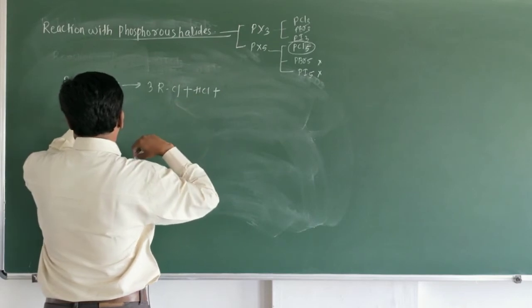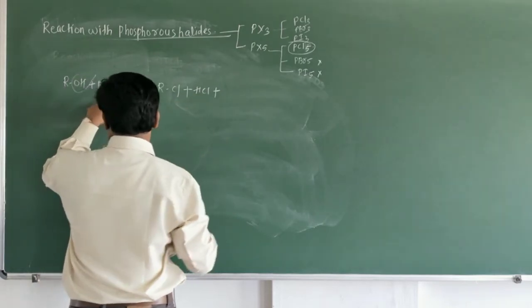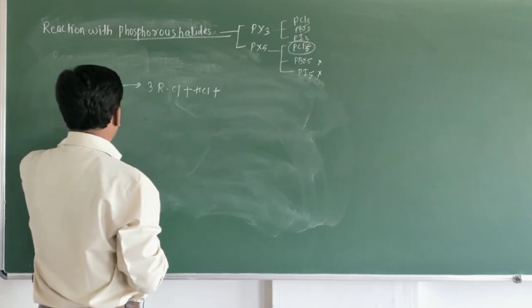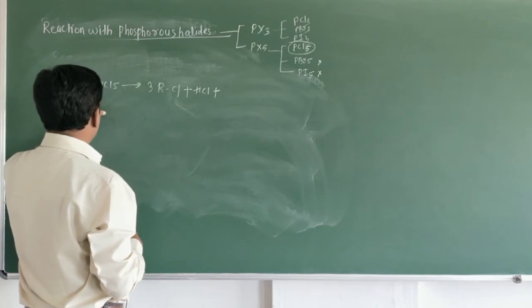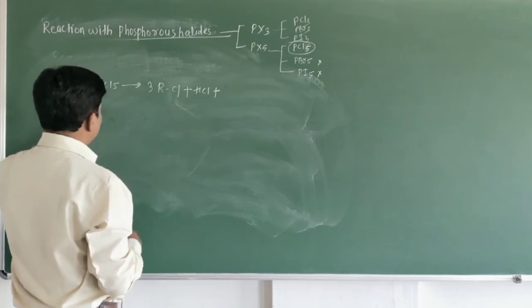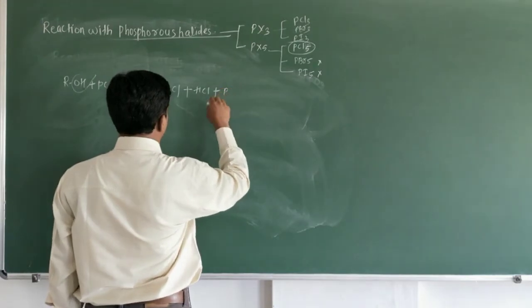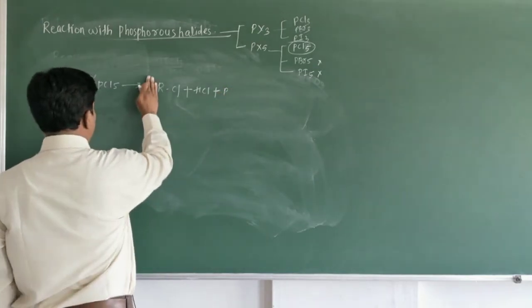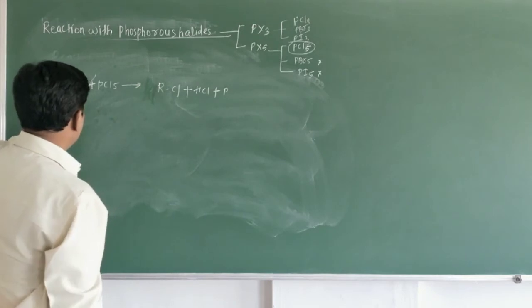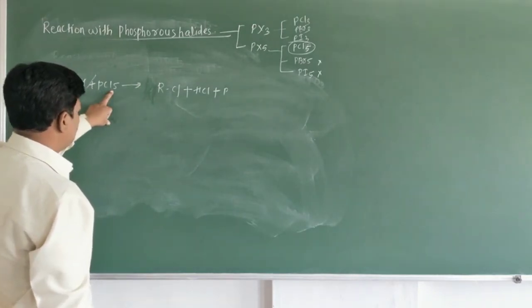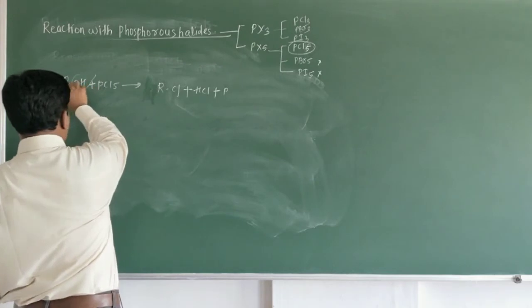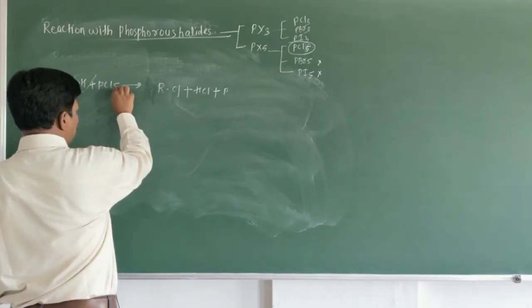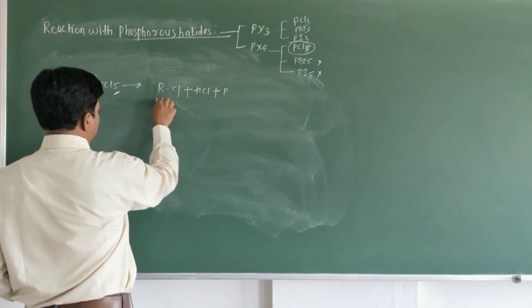Then the other byproduct is phosphorus and three chlorines, while RCl, alkyl chloride, is formed. Then the next one, from this alcohol R adds the Cl, and RCl alkyl chloride is formed.